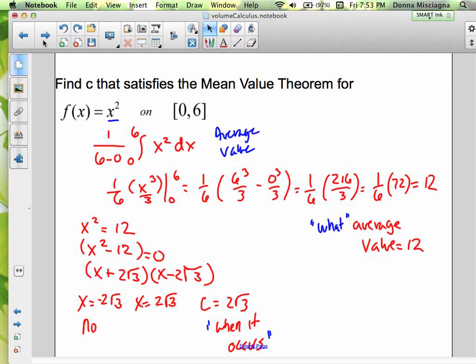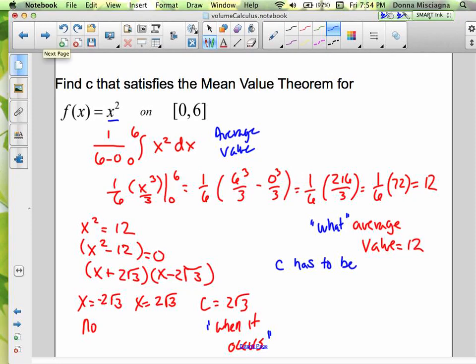So we have two values here. Make sure you choose the right value. Negative 2 square roots of 3 is a no. And why? Not because it's negative. Well, yeah, kind of because it's negative, but because it's not on 0 to 6. If you're outside your interval, you're a no. So add to these notes here: c has to be on the interval.